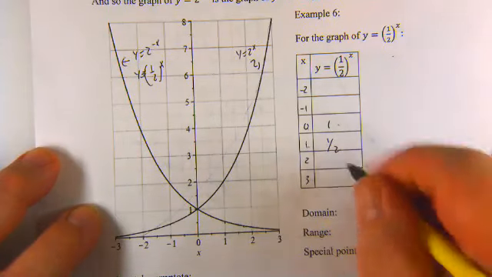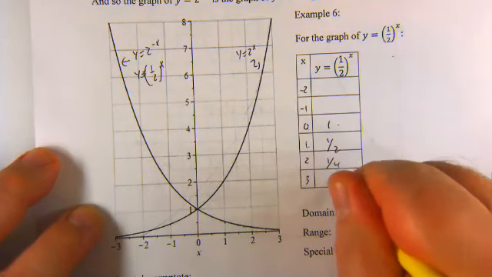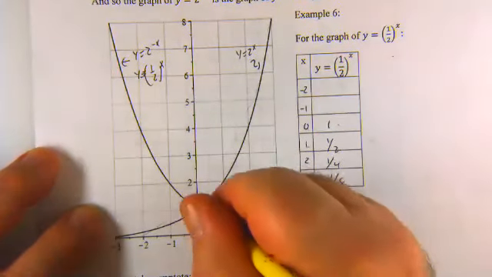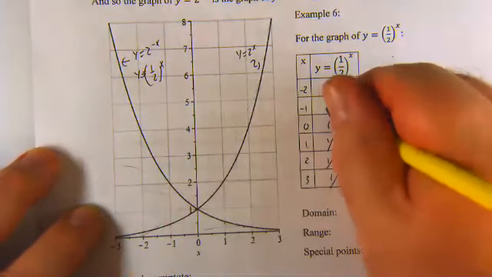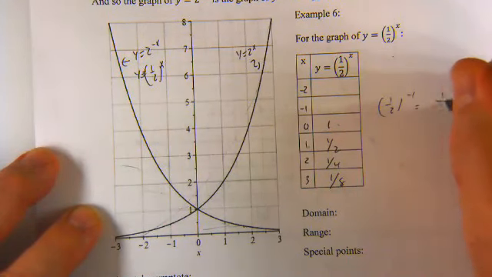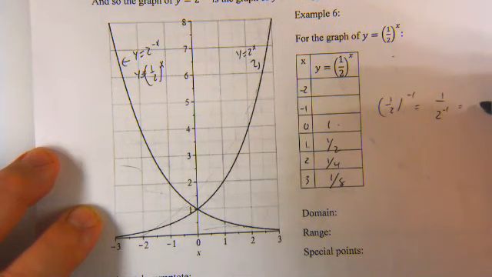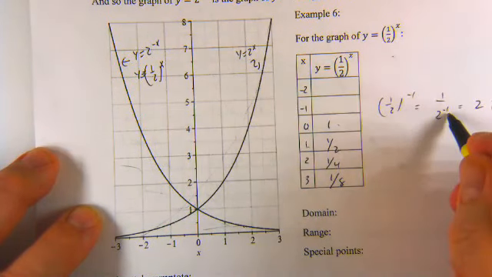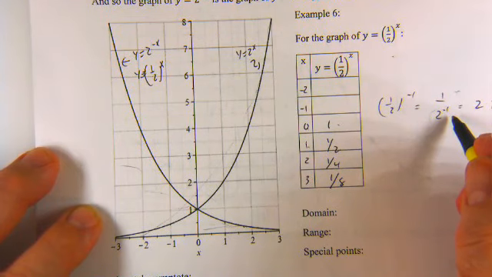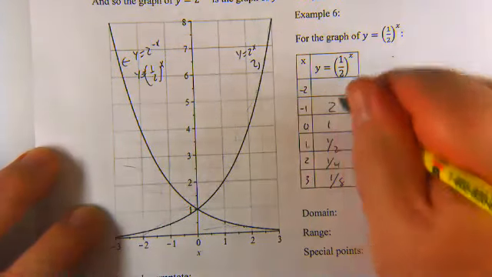And so going to the right, we're actually going to be decreasing. We're cutting everything in half as we go out to the right. Going out to the left, we'll be doubling stuff. So 1/2 to the -1 is 1 over 2 to the -1, which is 2. Because the minus sign says take this, put it up in the numerator now, because it's a minus sign in the power in the denominator. So this is 2 and this is 4.